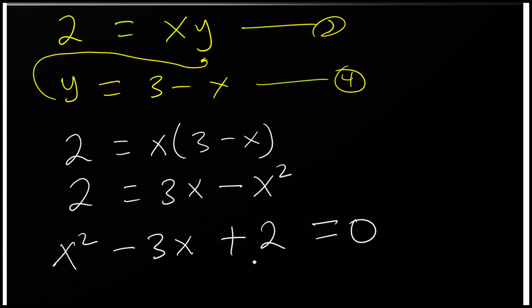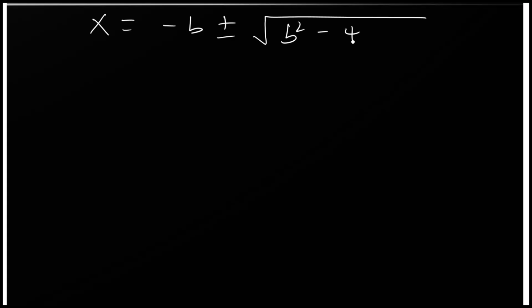Okay, so let's go ahead and solve for x. So let's use the almighty formula. So we have minus b plus or minus square root of b squared minus 4ac on 2a.